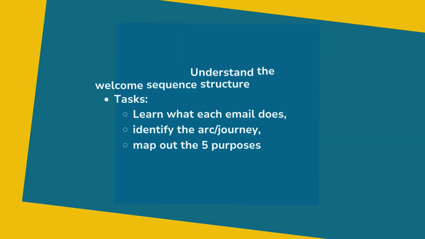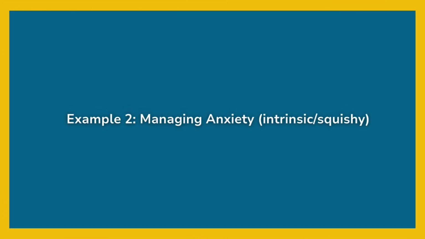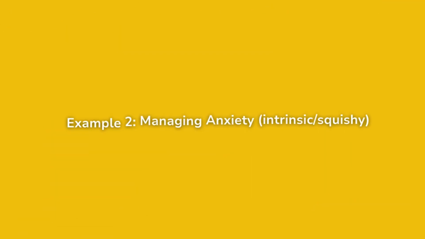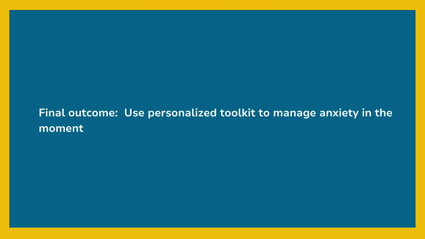Okay, the second example that we're going to go through is managing anxiety. So the final outcome, clearly this one is a more personal development, squishier course topic. So the final outcome is using a personalized toolkit to manage anxiety in the moment.